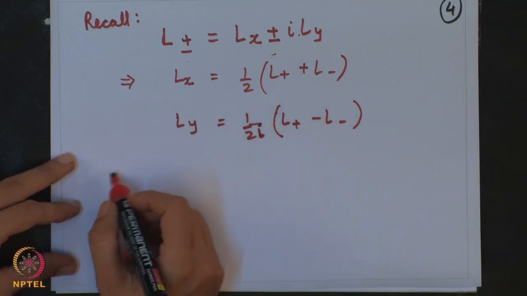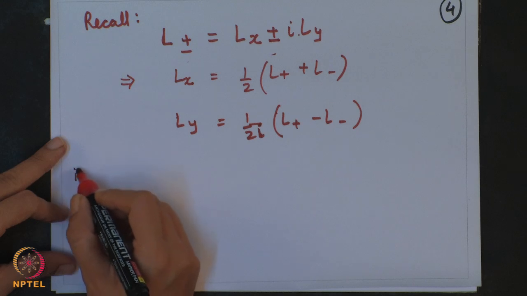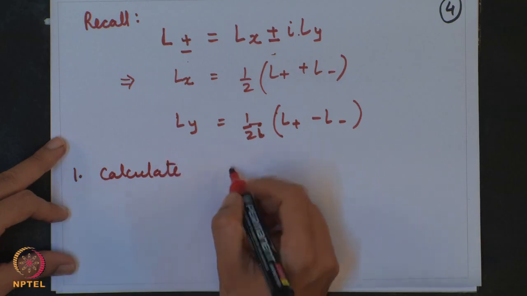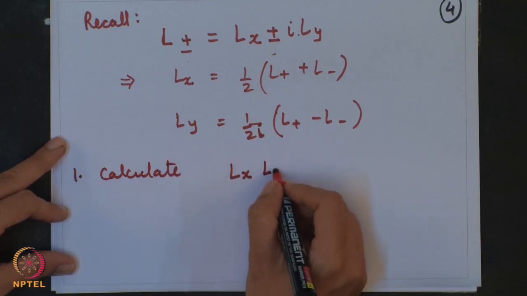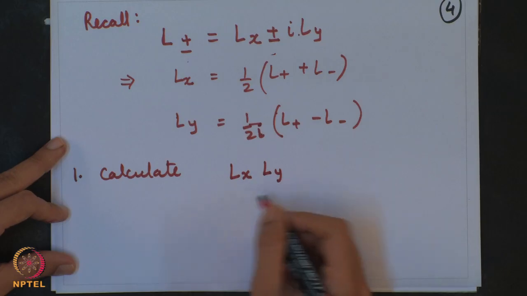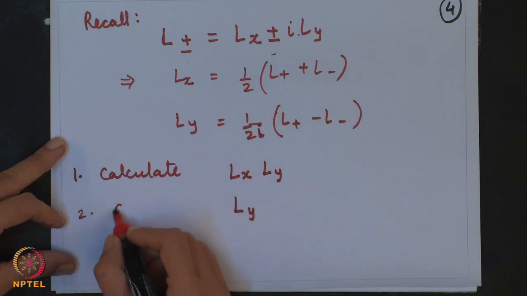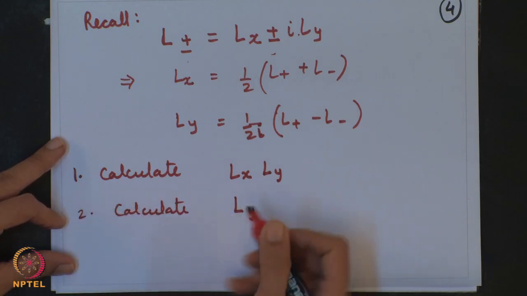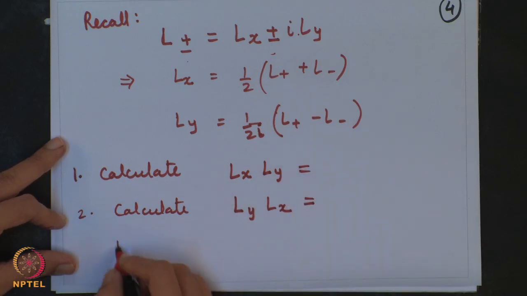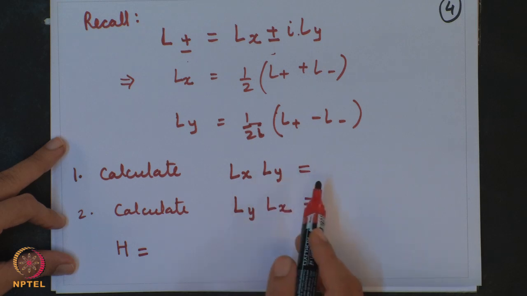So, what we do here is, step 1, calculate Lx Ly. In the Hamiltonian, what are the terms you have? Lx Ly, Ly Lx. Then second, calculate Ly Lx. You have to obtain these two and then you rewrite the Hamiltonian in terms of the ladder operators.